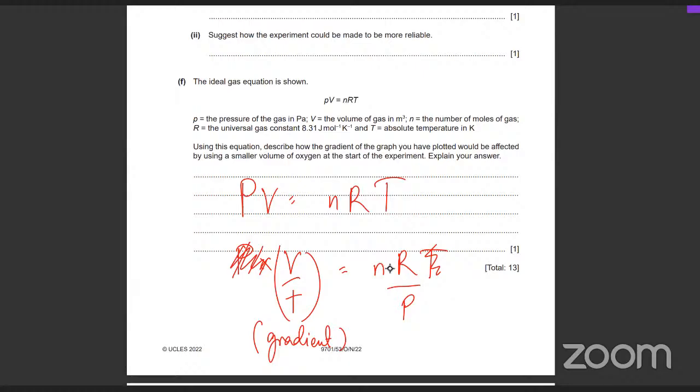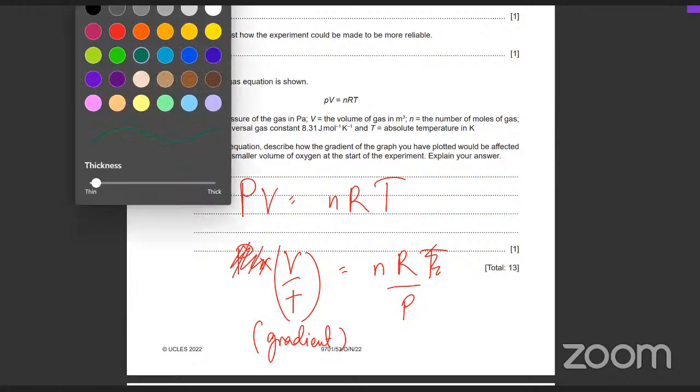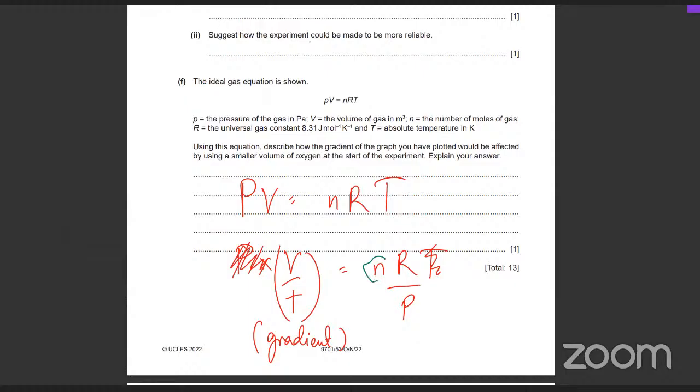Your moles of oxygen, will they be more or less? Less. R is a constant, right? So you'll have fewer moles of gas. If you have fewer moles of gas, your gradient would be lesser. V over T is directly proportional to n. Is that clear?